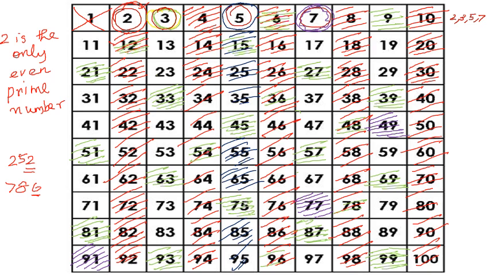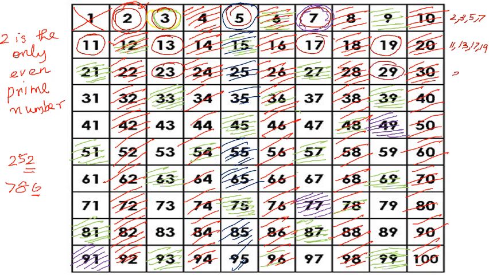In the second line we have 11, 13, 17 and 19. So here we have 11, 13, 17 and 19. In the third line we have 23 and 29.